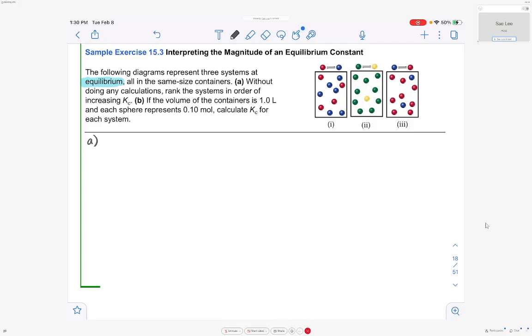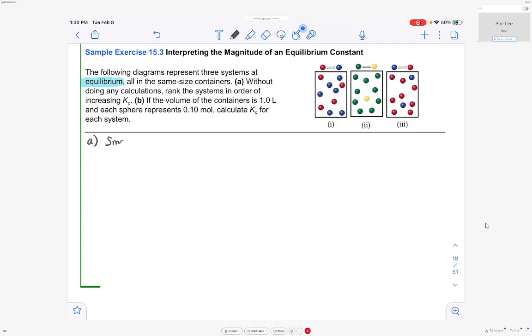let's do question A first. For this question, we need to rank the systems in the order of increasing Kc. Okay, so smaller Kc to larger Kc.